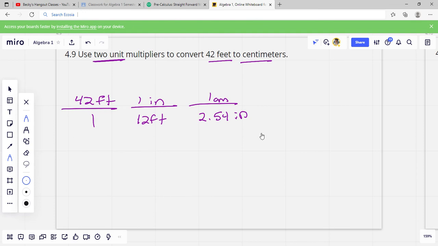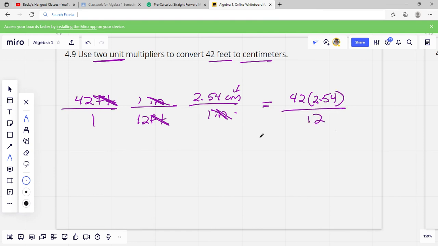No, 2.54 centimeters in 1 inch. I almost did that wrong. 2.54 centimeters in 1 inch. There we go. Now I'm all set up to be left with inches. If I cancel my units, I cancel out feet, and then inches cancel inches, and the only unit I have left is centimeters. Okay, and it'll be 42 times 2.54 over 12.